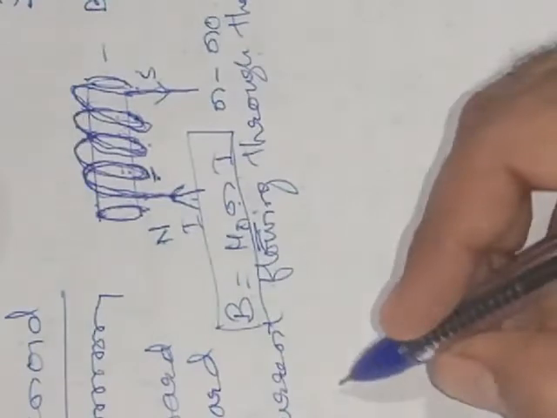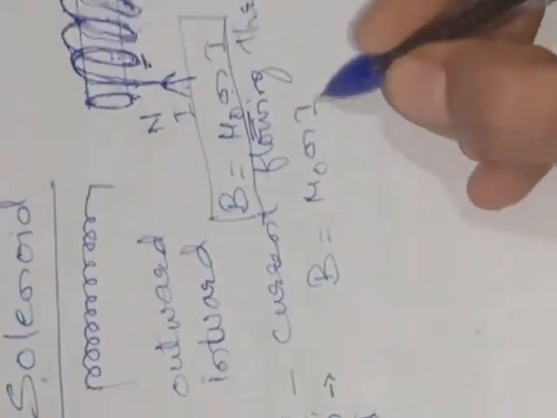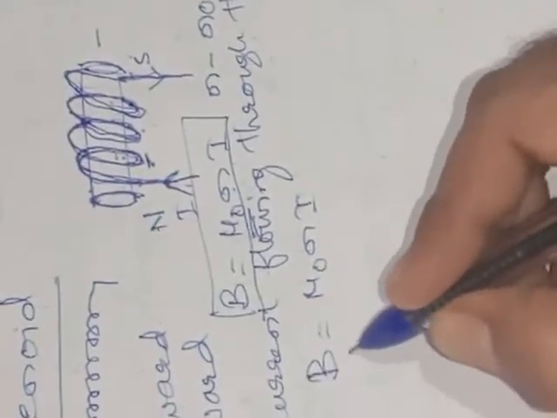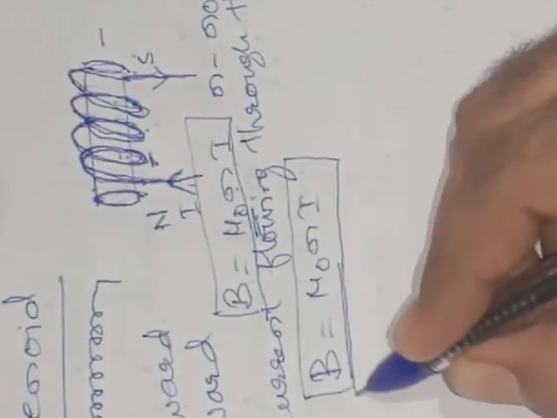This formula we have already derived in the previous section, that this is the magnetic field due to a coil carrying current in a circular orbit.